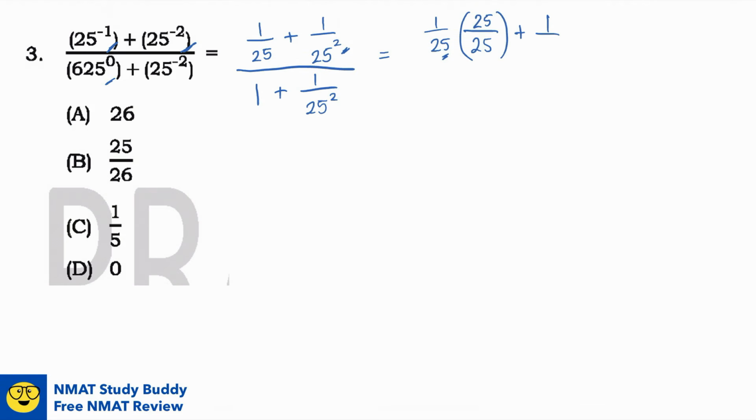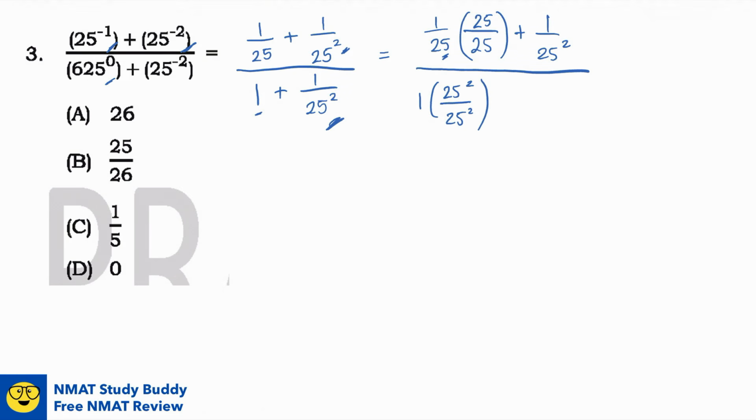Plus 1 over 25 squared, all over, dito tayo sa denominator. Since 1 plus 1 over 25 squared yan, kailangan itong 1, i-transform natin siya sa 25 squared over 25 squared.